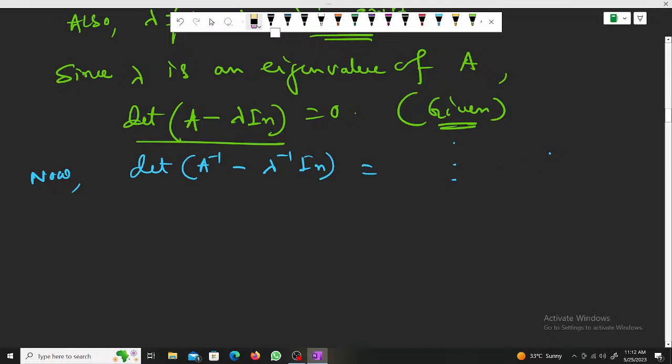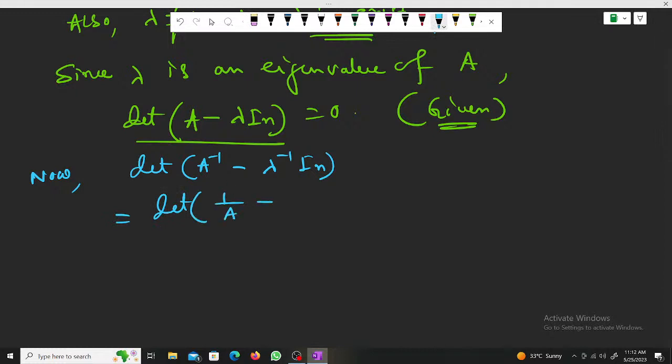What is this? Suppose we can write determinant of 1 by A minus 1 by lambda into A inverse, since I can write A inverse A equals I n, so I replaced by this.